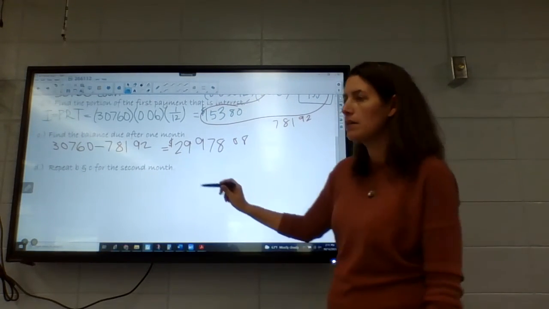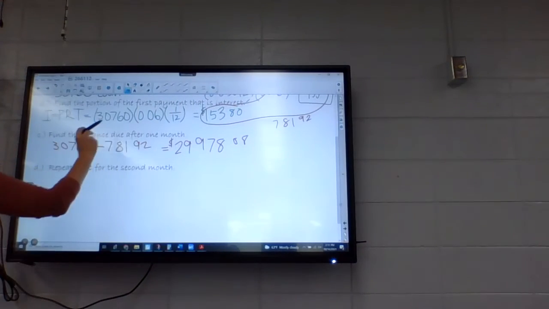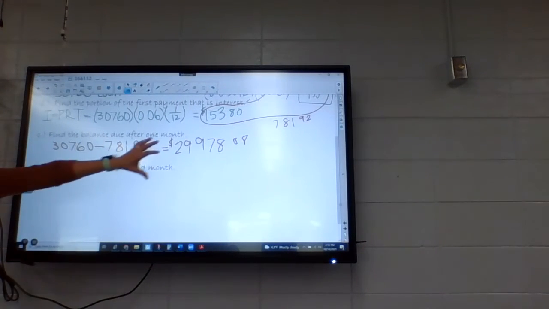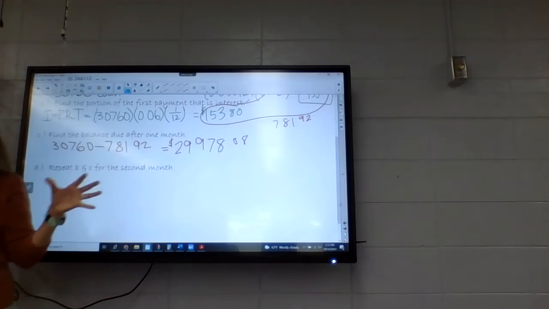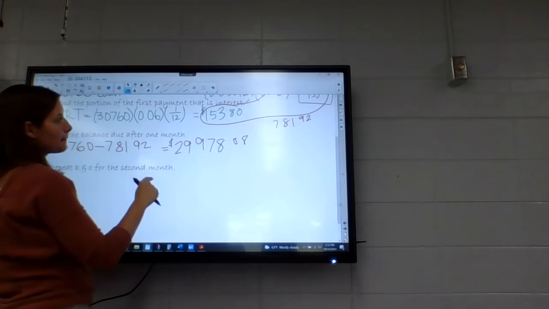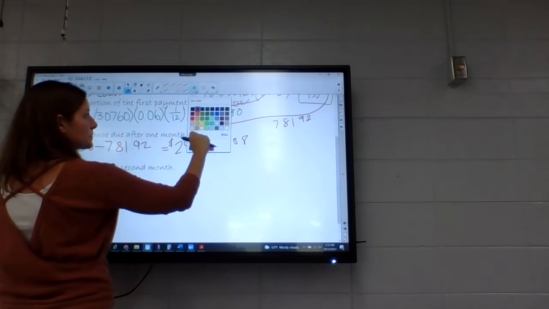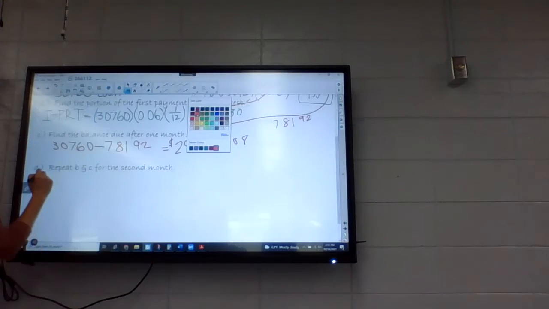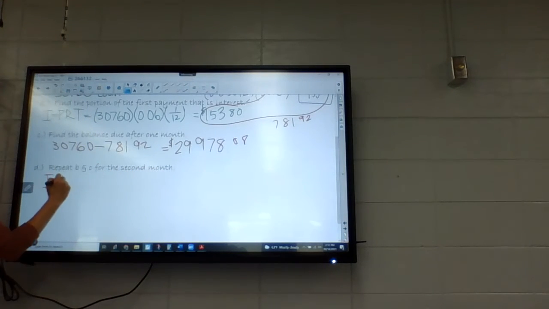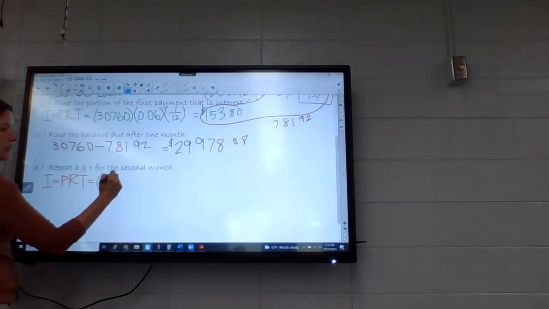So now we're going to do I equals PRT, but our new principal is now this amount. This is the amount we owe now. So for the second month, we're taking that 29,000.